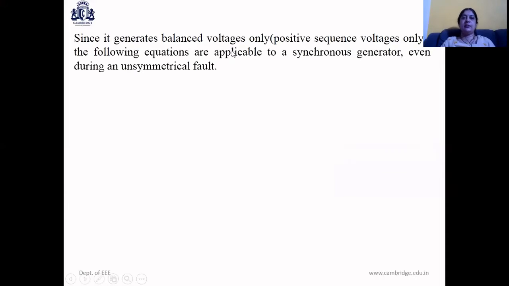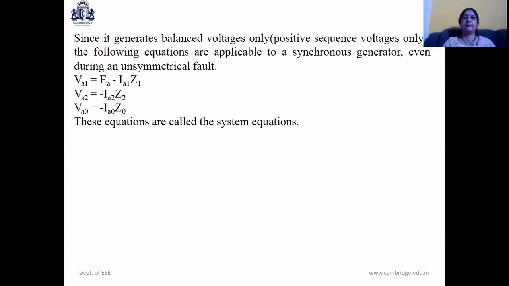Since it generates balanced voltages, only positive sequence voltages will be present. The following equations, whatever we are going to discuss now, are applicable to a synchronous generator even during an unsymmetrical fault, because to the left of the fault the system is still symmetrical in nature.